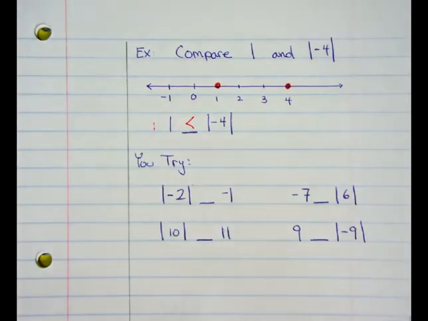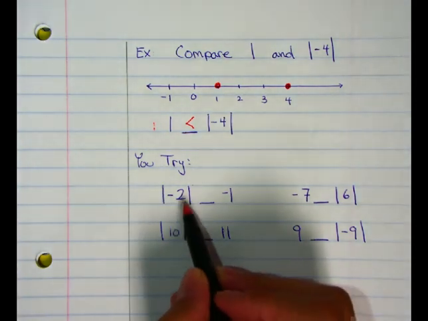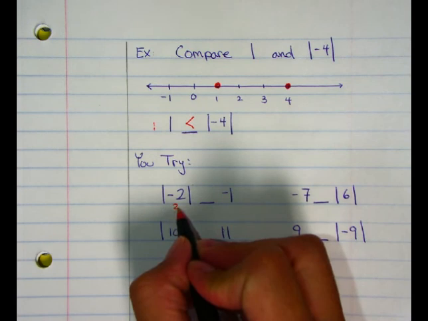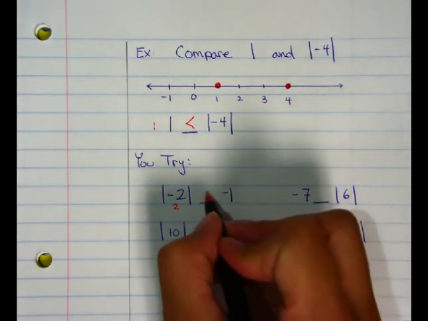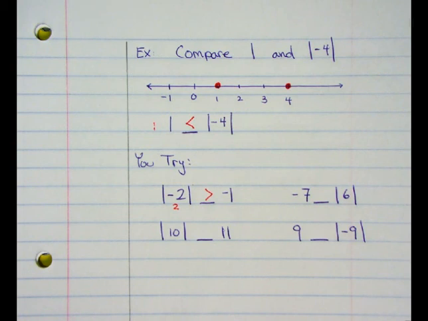Why don't you try out these next 4? You're going to compare the two values that are given to you with a less than, greater than, or equal to sign. The absolute value of -2 really is just a 2. So 2 compared to -1, 2 is going to be greater than -1.